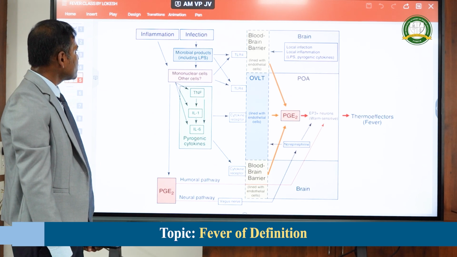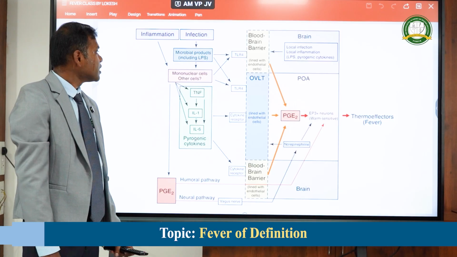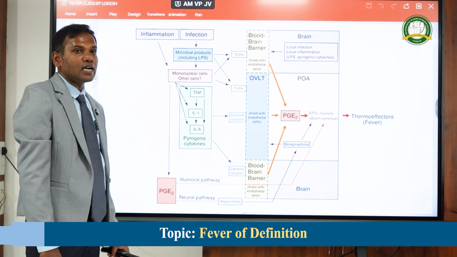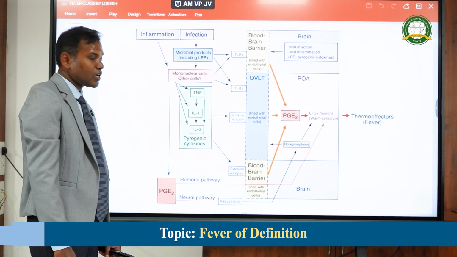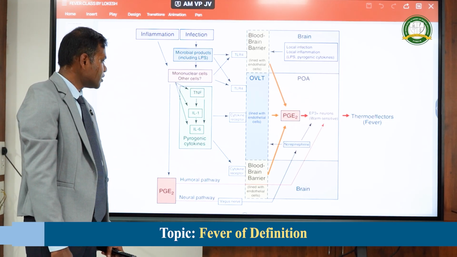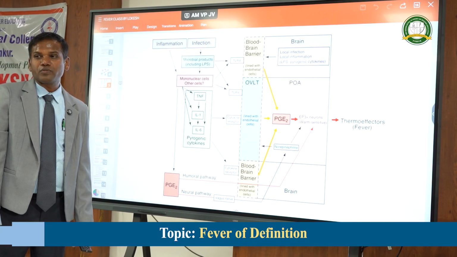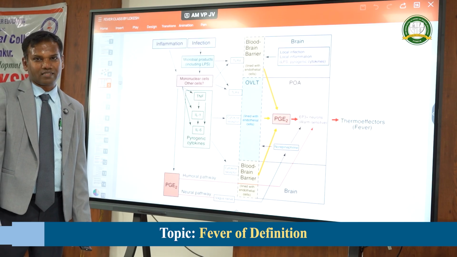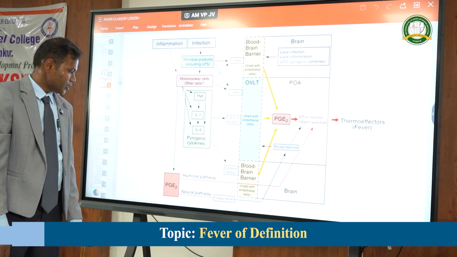Infection releases microbial products, that is lipopolysaccharides, which act on mononuclear cells and other cells through toll-like receptor TLR4, releasing tumor necrosis factor, interleukin 1 and interleukin 6. These pyrogenic cytokines act upon the blood vessels, causing vasoconstriction followed by shivering and other mechanisms.